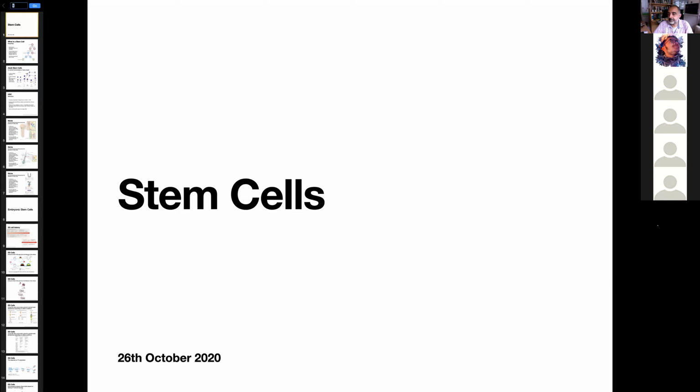So stem cells can have multiple potencies. Can someone tell me what potency relates to? Definition of potency. Wow, really is Monday morning, isn't it?